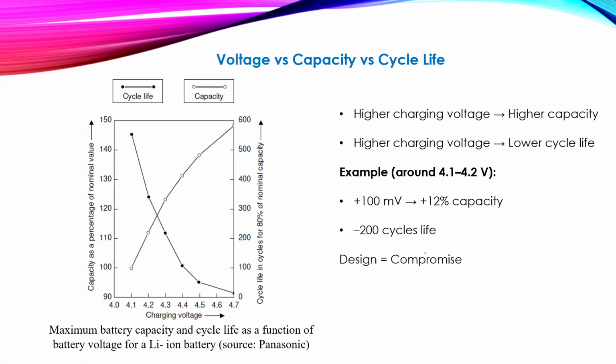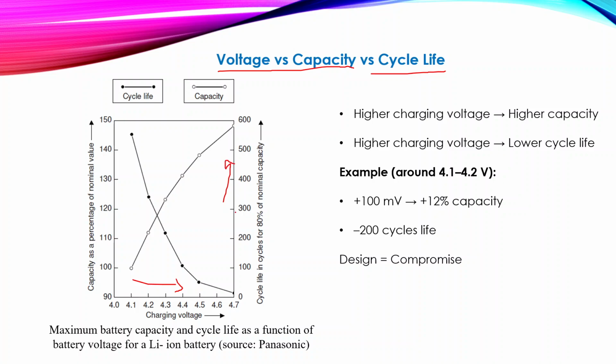And coming to this, here we can see I mentioned the title as voltage versus capacity versus cycle life. There is always a trade-off between capacity and lifespan. Increasing the voltage increases the capacity.